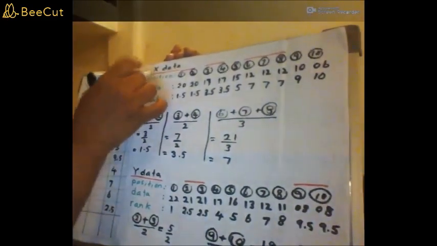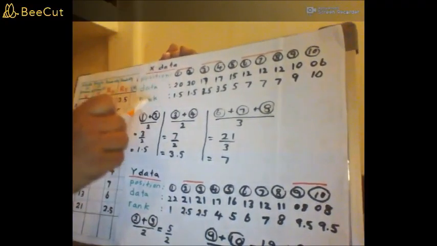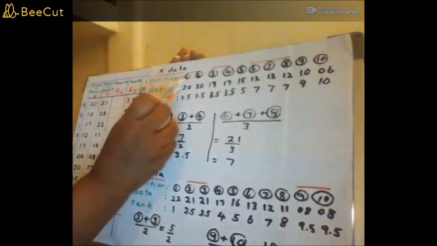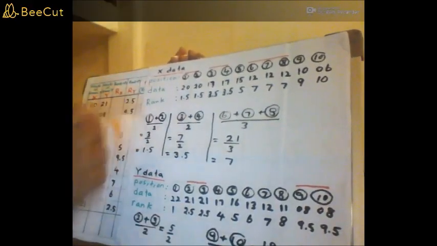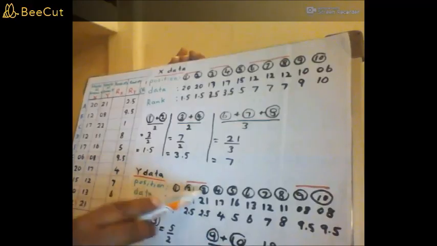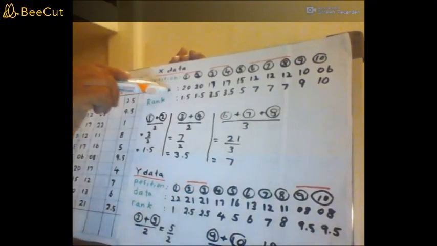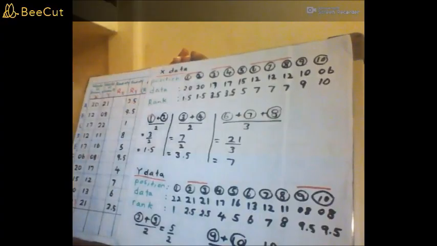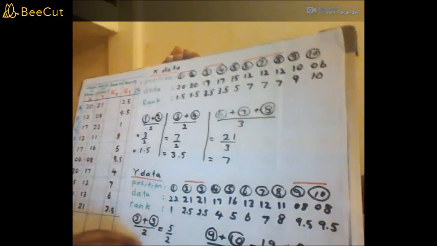Alright. These are the ranks. That's the way to get the ranks. First get the X data and write. Why didn't I complete it? Because in the first 2 values you have to get the average, and if I had explained this first, you would get confused. That's why I stopped doing X data and started doing Y data.